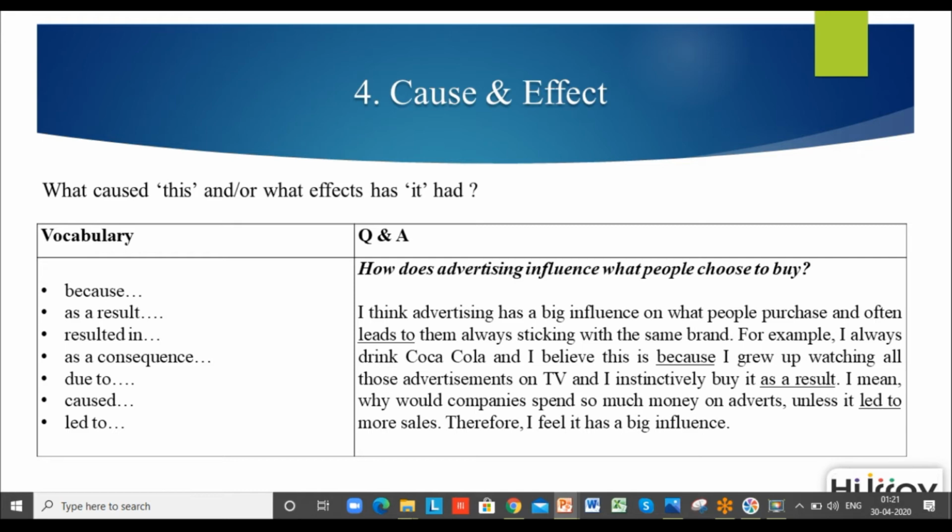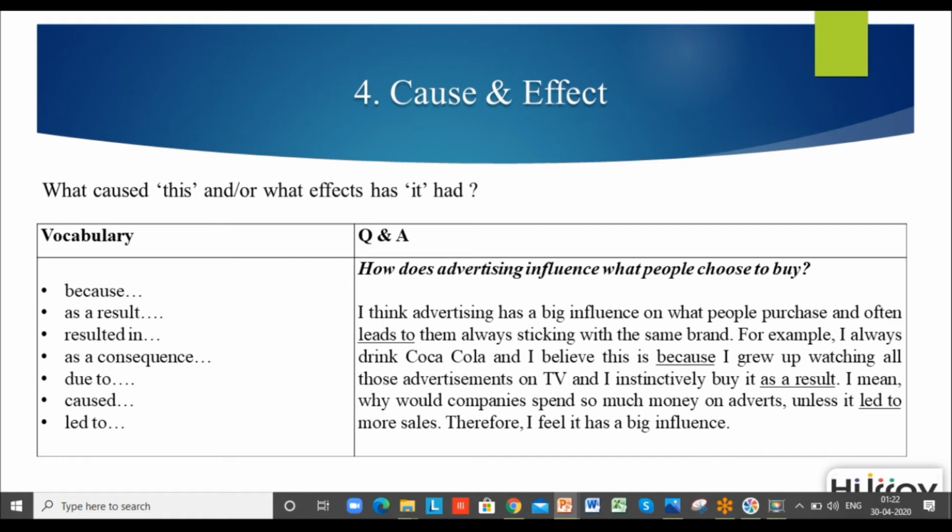Here's a question answer example. How does advertising influence what people choose to buy? I think advertising has a big influence on what people purchase and often leads them to always sticking with the same brand.